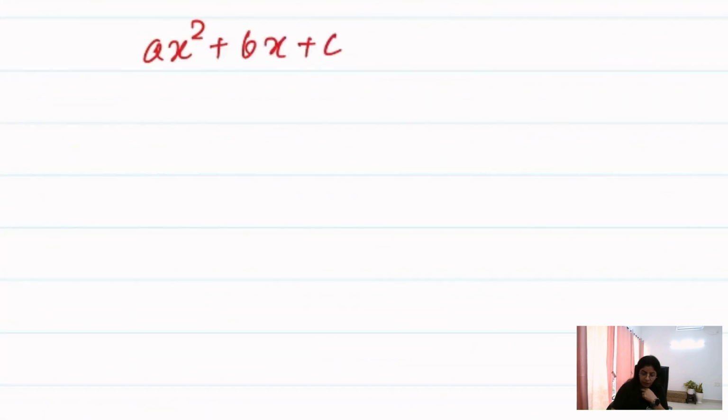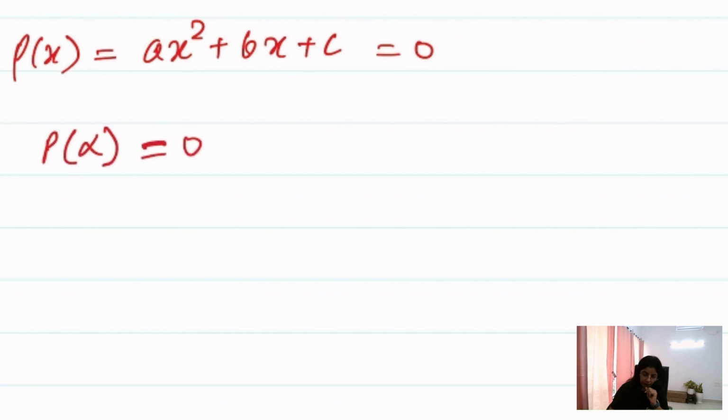Okay. But if I have to find the zero of a polynomial algebraically, any polynomial I'm taking, ax square plus bx plus c, this is my polynomial. It's that value of x for which this whole expression becomes 0. That means this becomes 0 for that value of x.